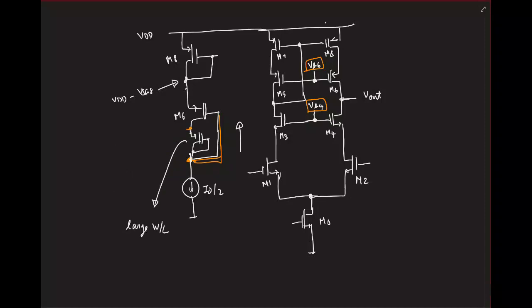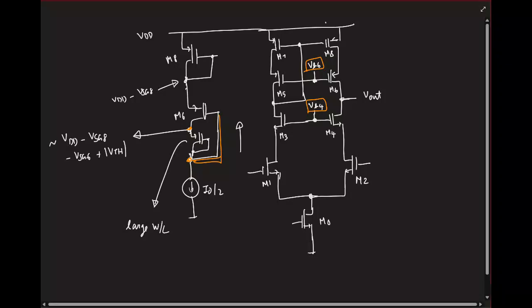Then its gate to source voltage will be approximately a threshold voltage. So if I tap this voltage, this will be the gate voltage, which is VDD minus VSG8 minus VSG6 plus a mod VTH. Approximately this, that's good enough.